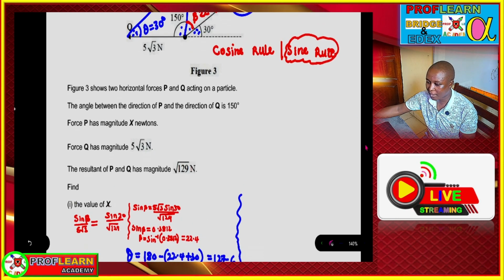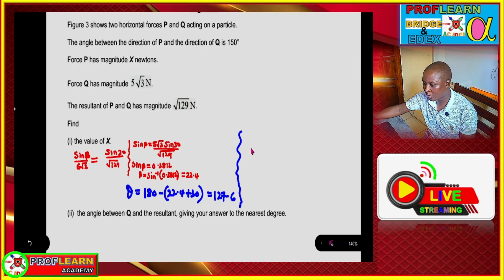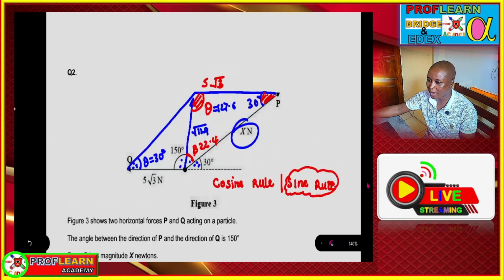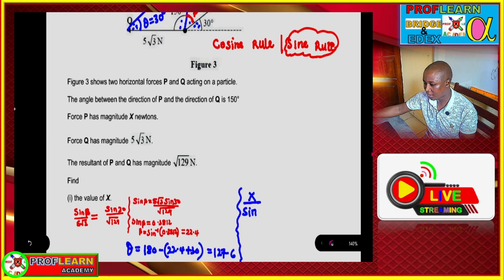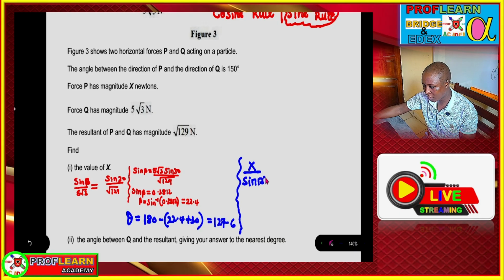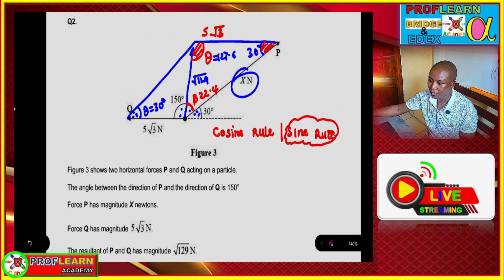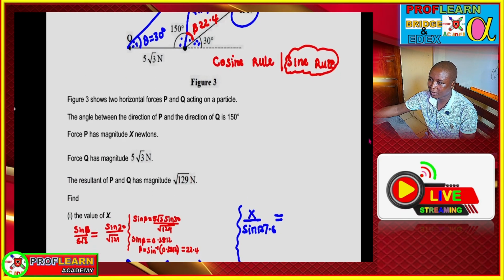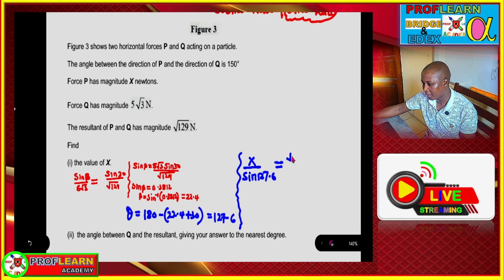And in that case, we are going to say this is going to be x over sine of the opposite side to x, which is 127.6, equals root 129 over sine 30.